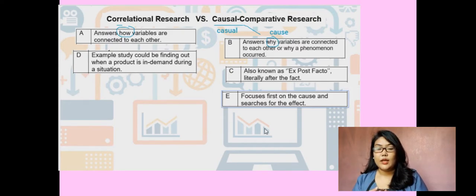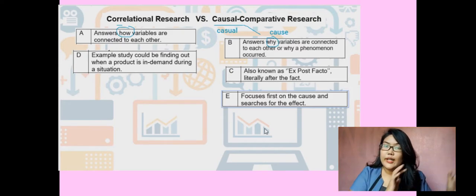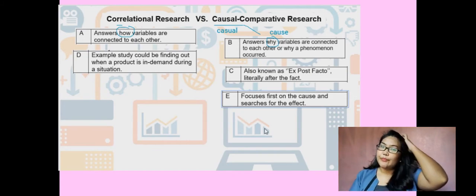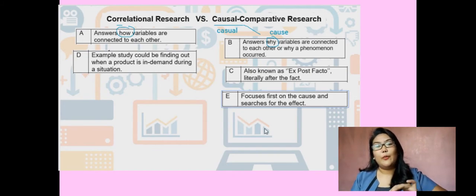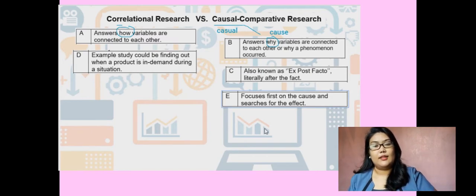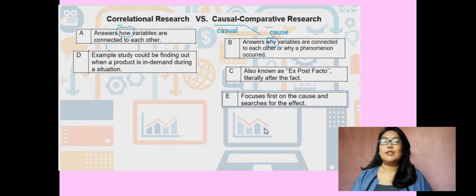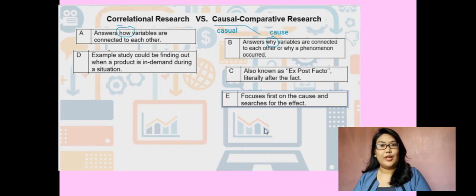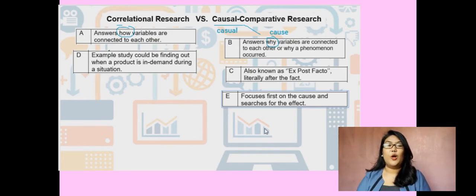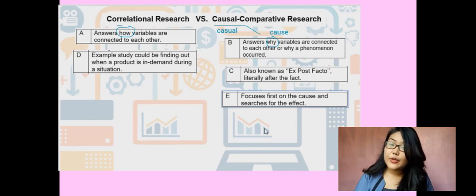Okay? Before the fact, how it affected or what happened because of that. It's not more on the relationship. The formula. Okay? Kasi meron dong formula sometimes diba? Yung tataasan naman, yung correlational. Okay, there you go.